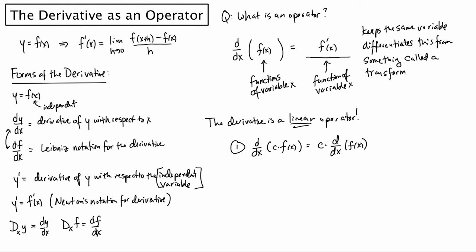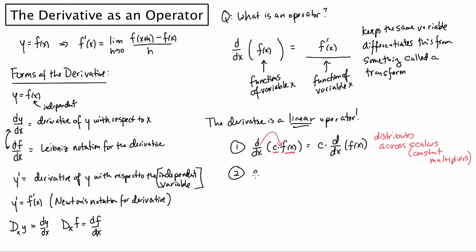In other words, you can think of this as being the derivative distributes across, the word we use is scalars, but you can think of it as constant multipliers. So if you have a constant times a function, the derivative can pass over the constant and operate on just the function. Basically, you're distributing it across the scalar multiplication.